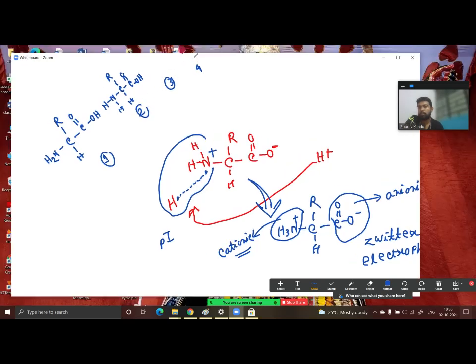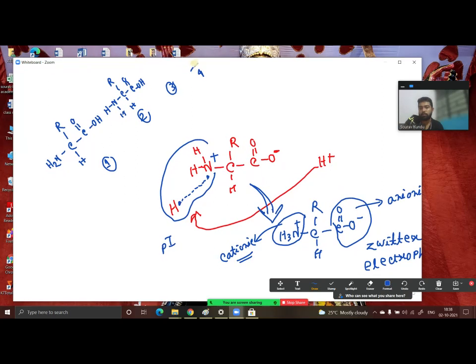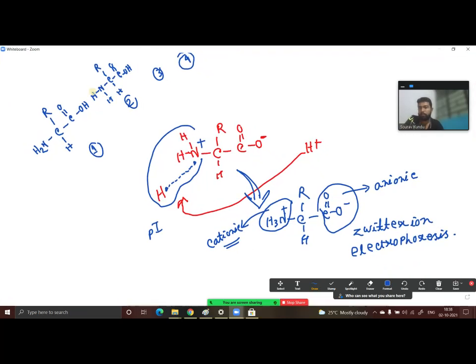There will be third, there will be fourth, etc. From here, removal of one water molecule will give this bond, the creation of a carbon and nitrogen bond, which is known as a peptide bond.